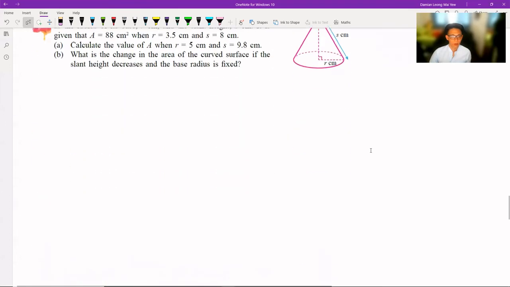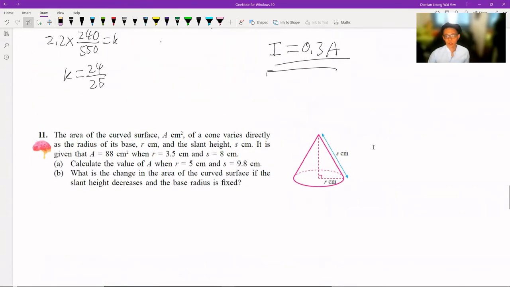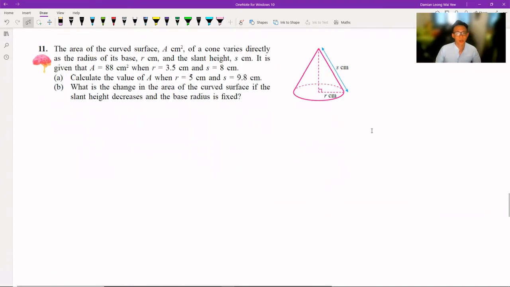So if you look at question 11 here, the area of the curved surface A cm square of a cone varies directly as the radius of its base, r cm, and the slant height s.